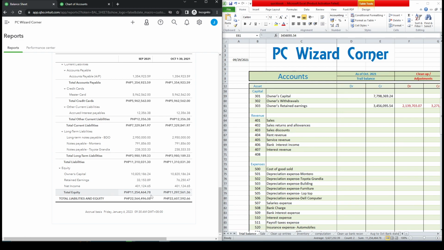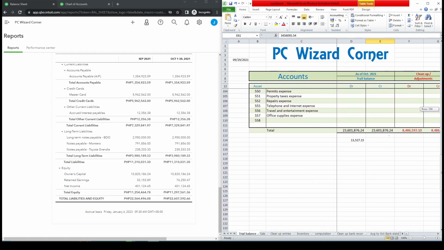Now let's do the adjusting entry so that we can get the correct amount of owner's capital, which is 7 million, and the retained earnings of 3 million. So let's go down first, and let's copy this one, owner's capital. Paste it here. And also the retained earnings.